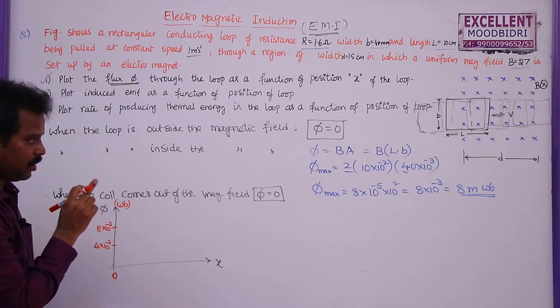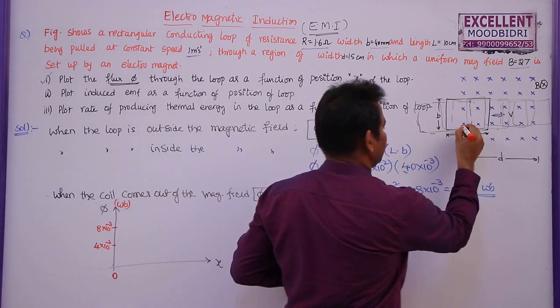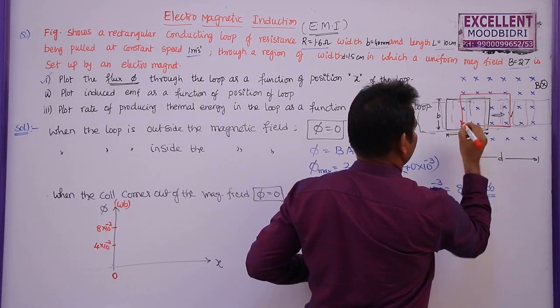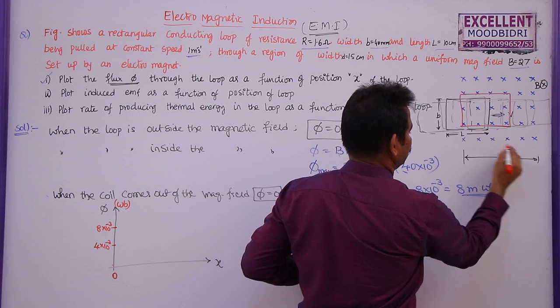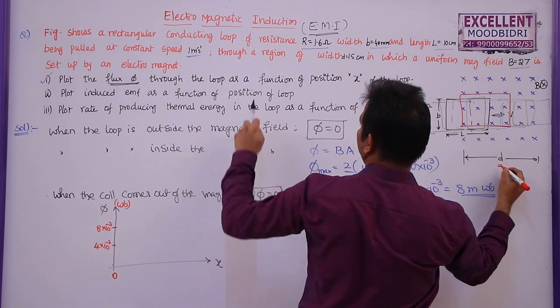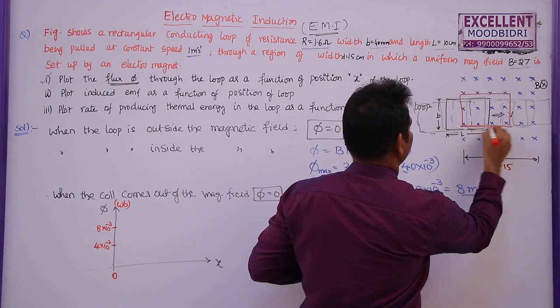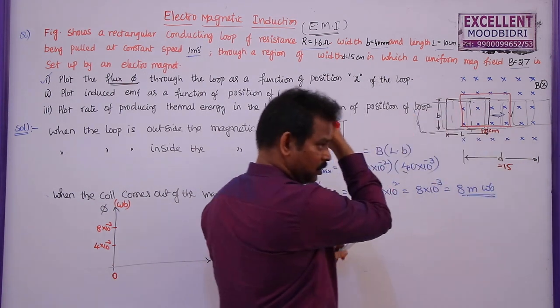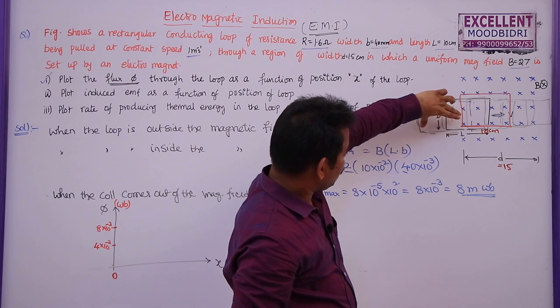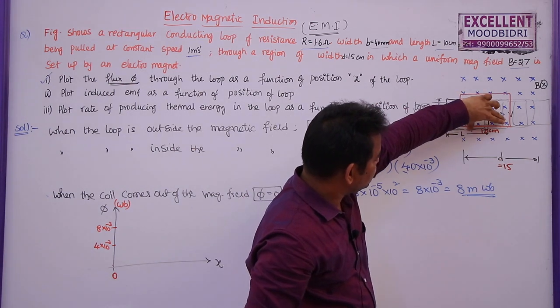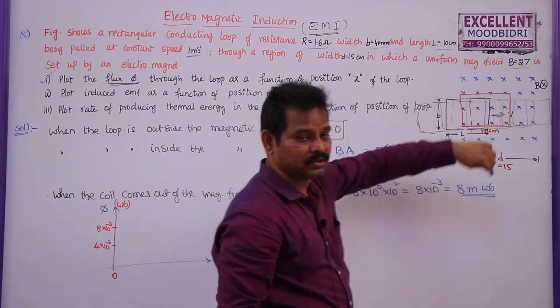The flux will become maximum when the entire coil is within the field. So what is this value? The total width of this region is given as 15 centimeters. The length of the loop is 10 centimeters. So till the coil enters completely, the coil has to travel 10 centimeters.